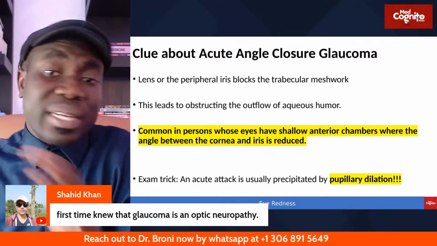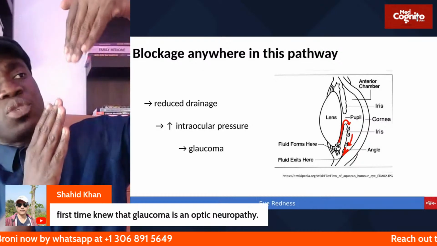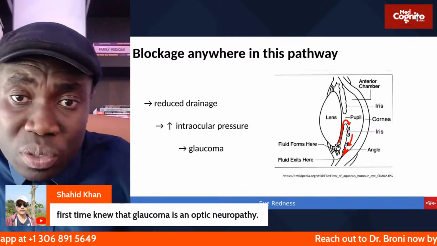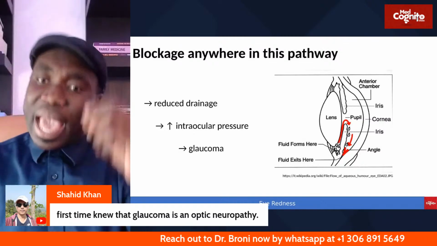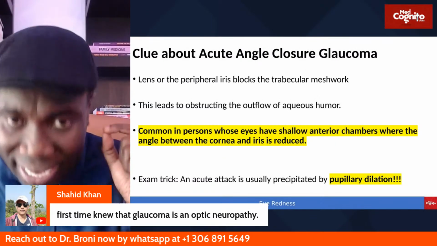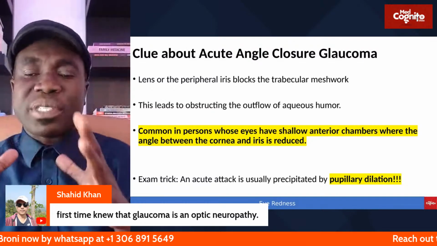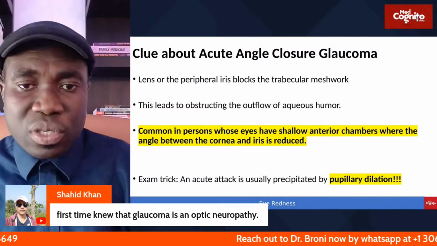The pupil is the space between the iris, which is the stick-like thing up there, and the stick-like thing down here. In most cases, an acute attack is usually precipitated by pupillary dilatation. Okay, let's go to the next slide.